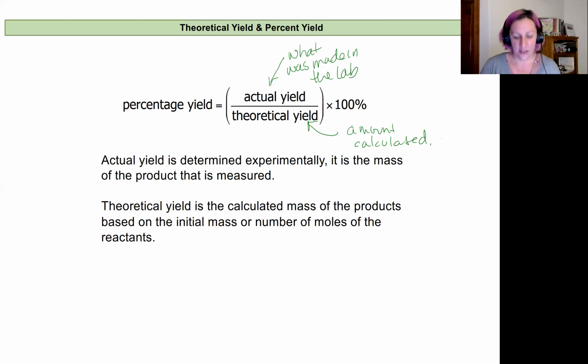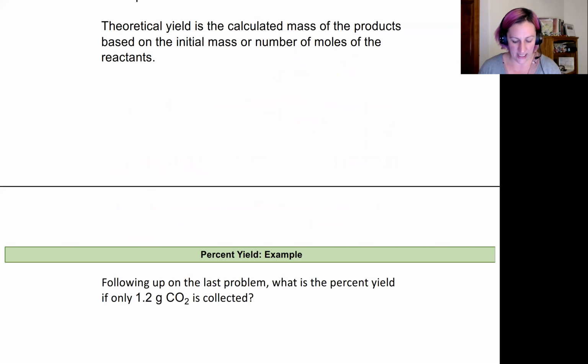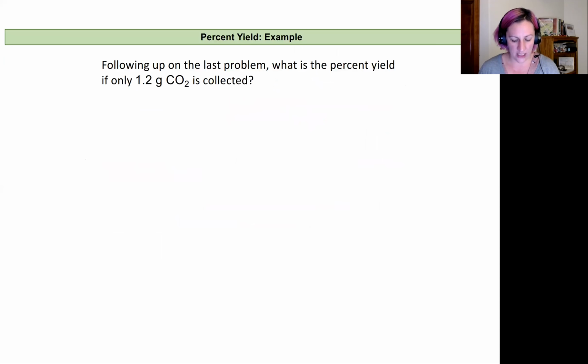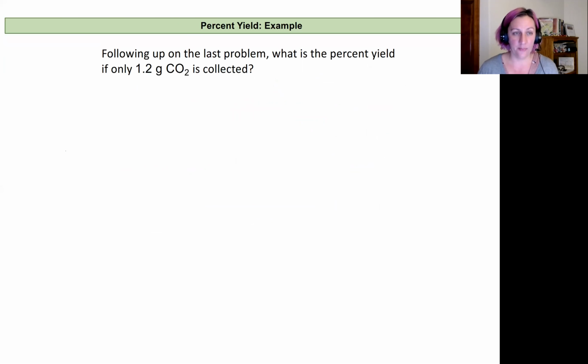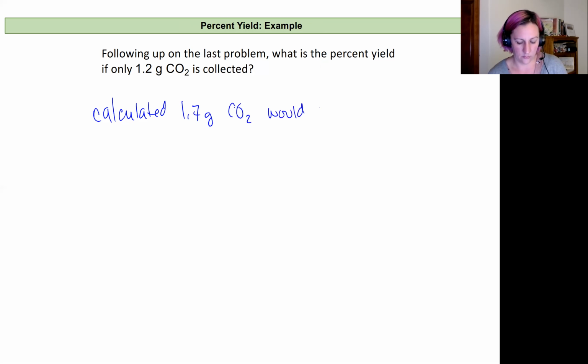Let's show how to do this with the reaction that we were just looking at. So before, when we were working with the carbon dioxide problem, we calculated 1.7 grams would form. So this is our theoretical yield.